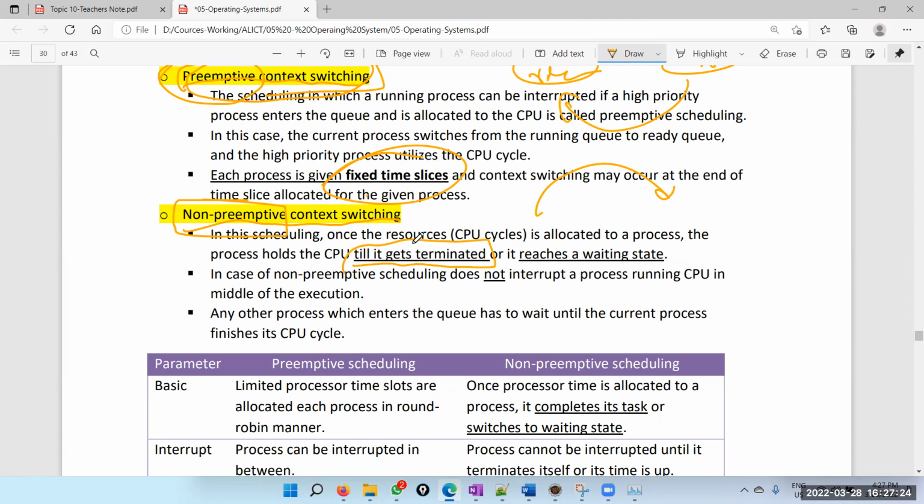But once you get a chance, your processor is going to let you run until it is terminated, or it reaches a waiting state. Waiting state means you need input output, user attention. Of course, if user attention is needed, it's a waste of resources to let you keep running, right? Because you can't run now.